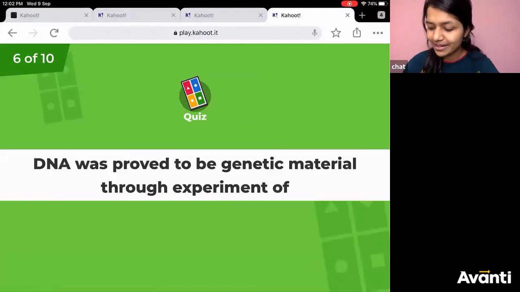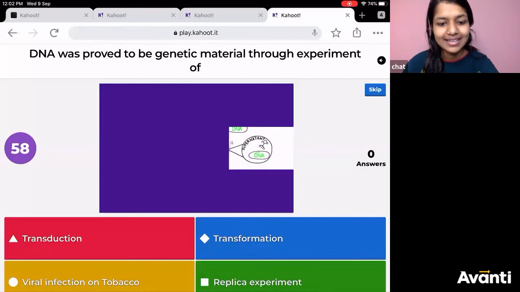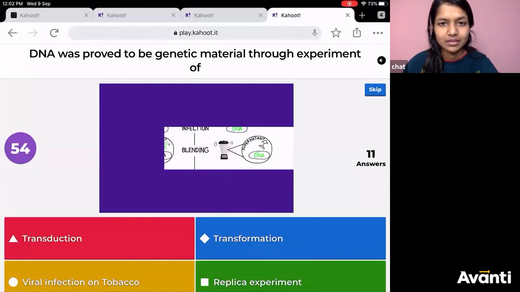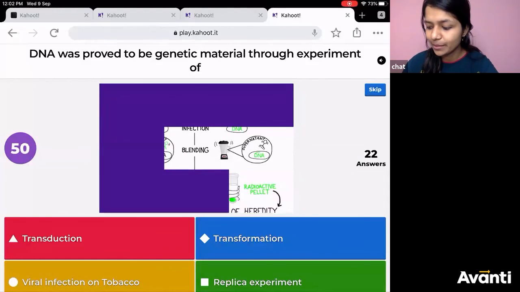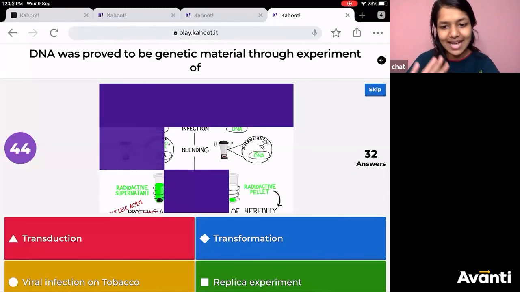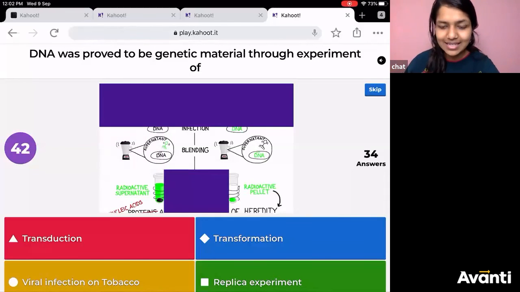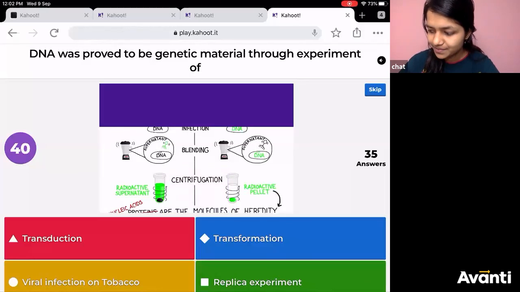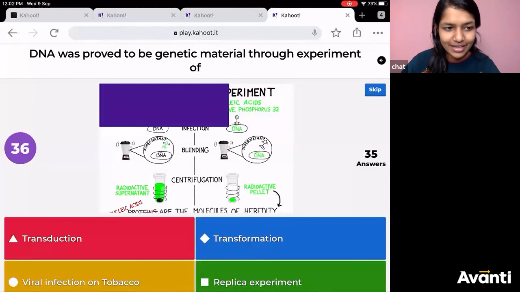DNA was proved to be genetic material through the experiment of, किसने पूरा proof किया था? Unequivocal proof. DNA was proved to be genetic material through experiment of. You can see what is happening, okay? You can see the diagram, the image, infection, blending, centrifugation.